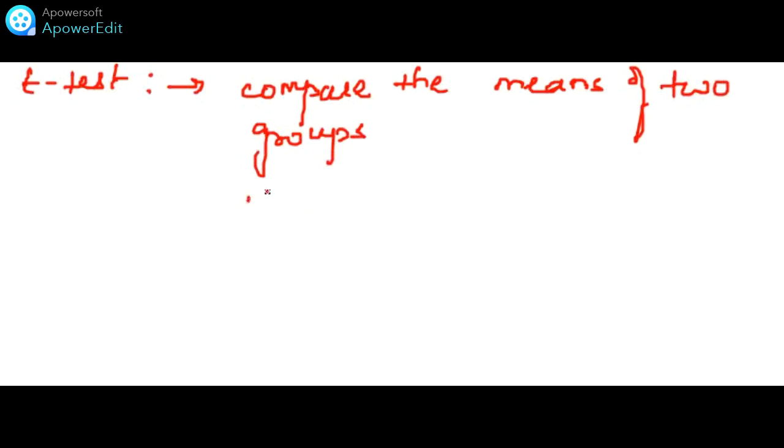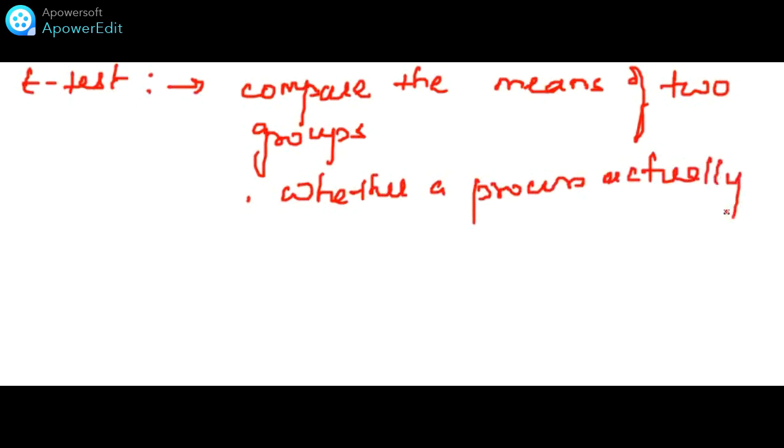It is used to find out whether a process actually has an effect on the population or not. It's a very common test, and we are all familiar with it.